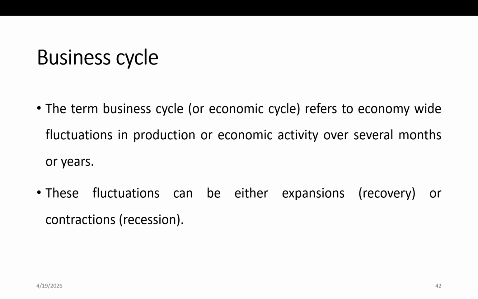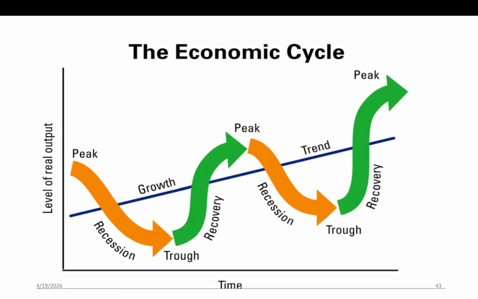So in the economy, like economic production or economic activity, when there are fluctuations, there will be some kind of phases and some kind of reasons and stages, right? So through this business cycle we understand what kind of phases and stages there are in the economic cycle, and what kind of economic activities we can identify in these economic or business cycles, right?